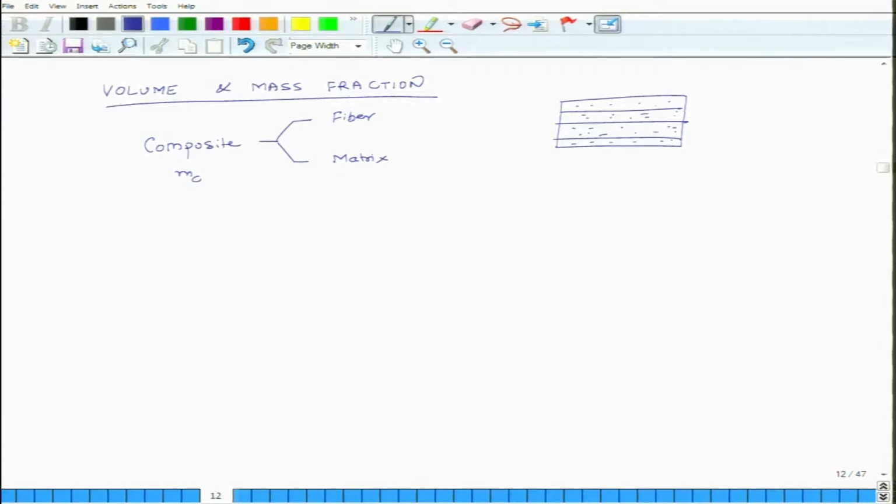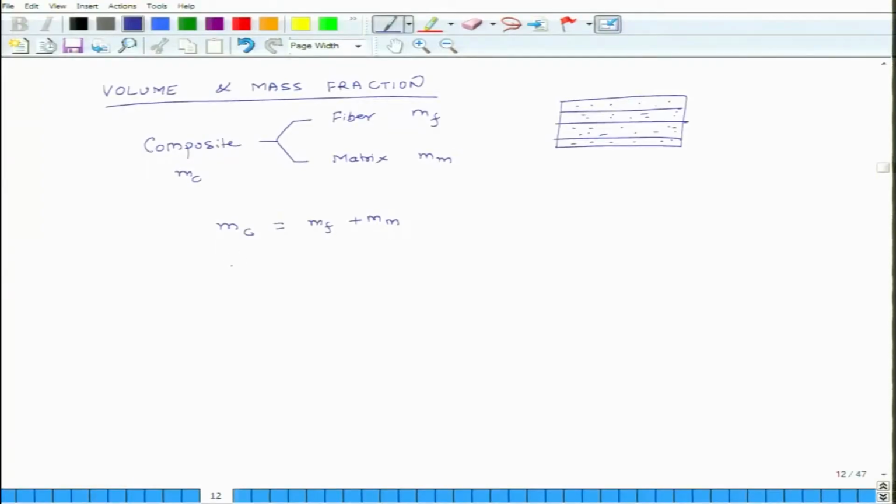Now, this MC has two components, mass of the fiber and mass of matrix. So, MC is equal to MF plus MM. This is true assuming that you have only two materials, you do not have any additive fillers and all those things.